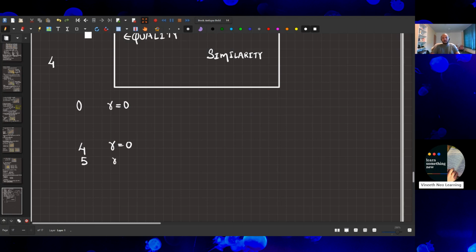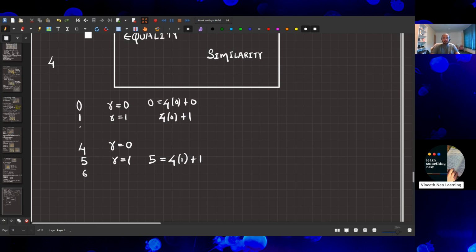For 5, the remainder is 1. Why? Because 5 can be written as 4 times 1 plus 1. Similarly, 0 can be written as 4 times 0 plus 0, and 1 can be written as 4 times 0 plus 1. So when we divide 1 by 4, the remainder is 1.